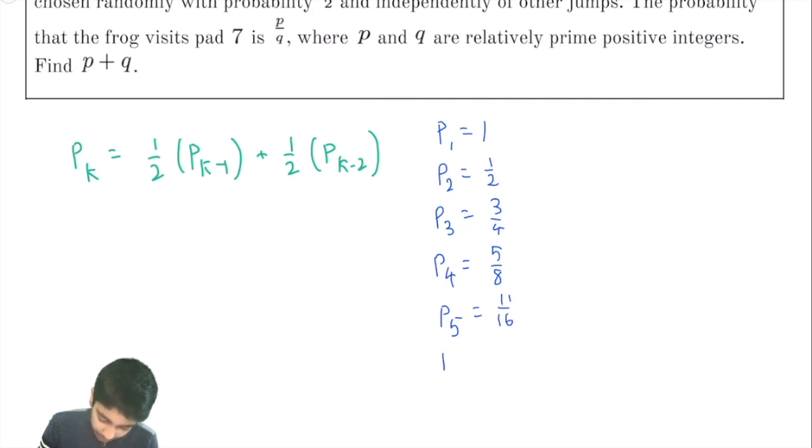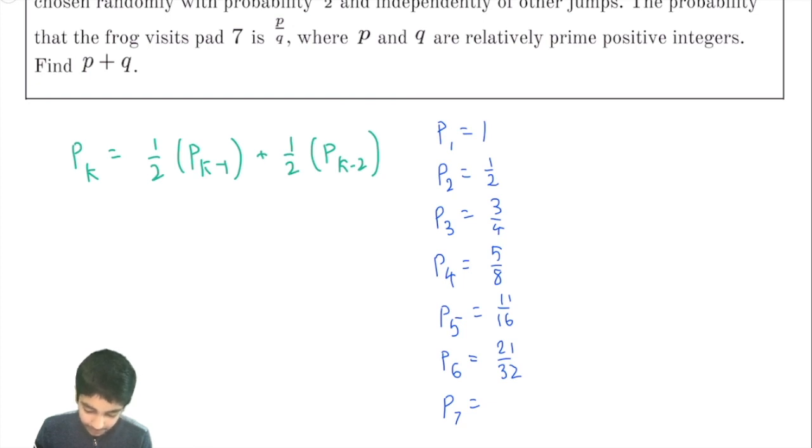And P6 will be equal to 11/16 plus 5/8, which is 21/16 divided by 2, or 21/32. And then P7 is just going to be 1/2 of the sum of P6 and P5, which is going to be 43/64. So then our answer is just going to be 43 plus 64, which is 107.